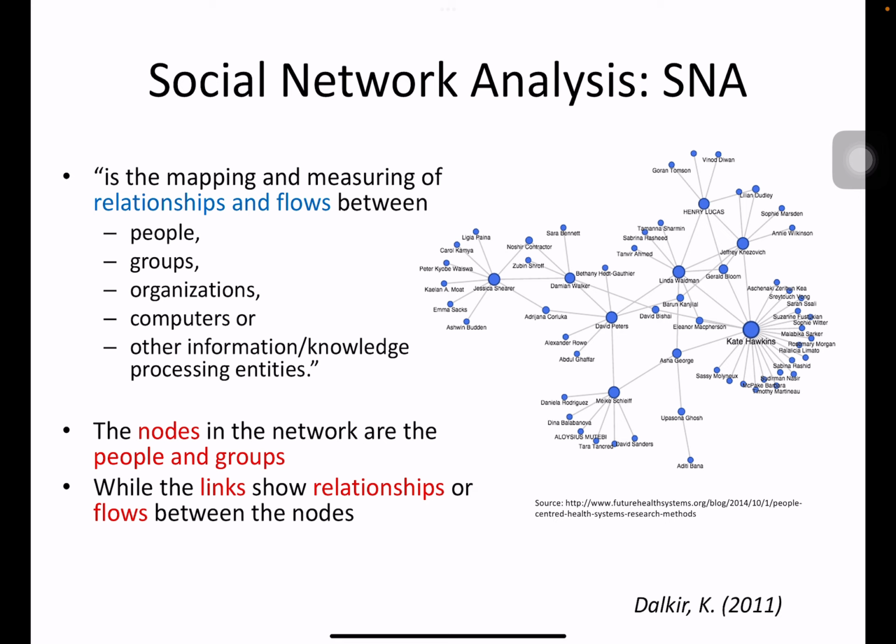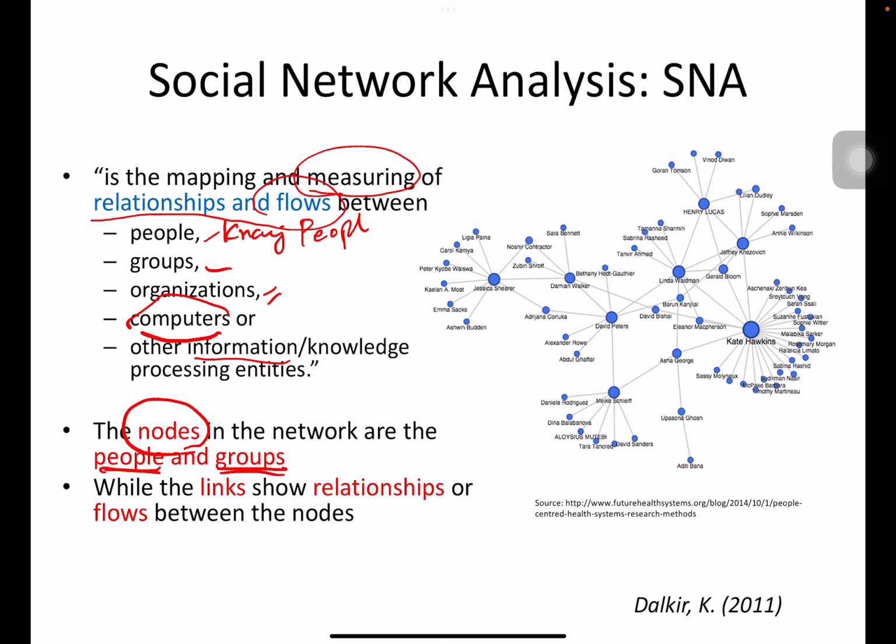Social network analysis is the mapping and measuring of the relationships and flows between knowing people, the group that knows or has experience about the organization, or what computer we can use, what the requirements of the information are. So a node is equal to the people or the group.